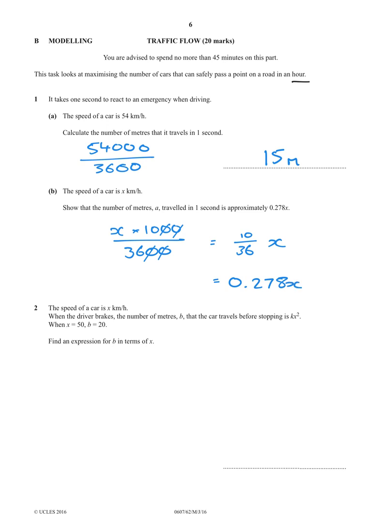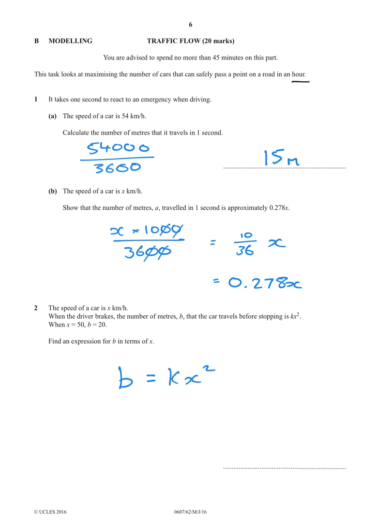Okay, next we've got the speed of the car is x. When the driver brakes, the number of meters b that the car travels before stopping is k lots of x squared. When x is 50, b is 20. So this is just proportion, and we've even got that constant of proportionality written as k, just as we did in class. So b is equal to k lots of x squared.